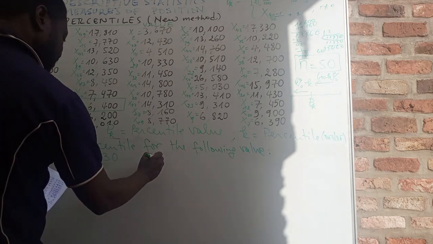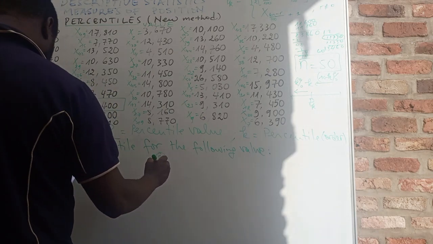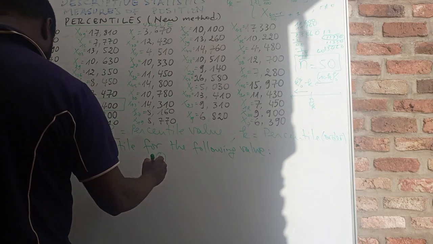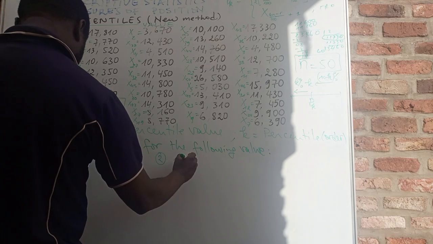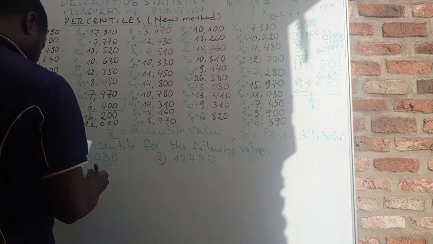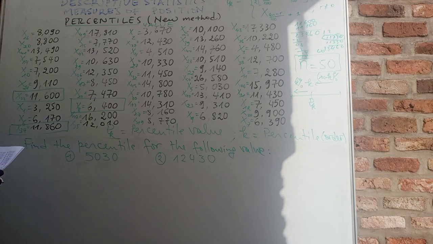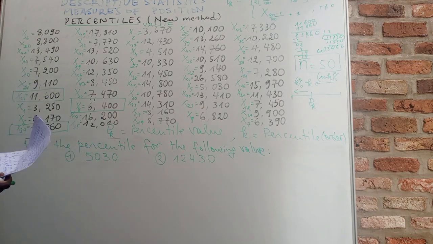Second, we have a value, or let us take 1, 2, 4, 30. So the question is, find the corresponding percentile if these values are given.